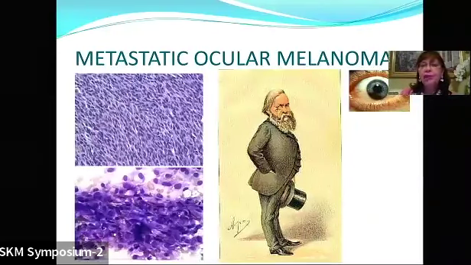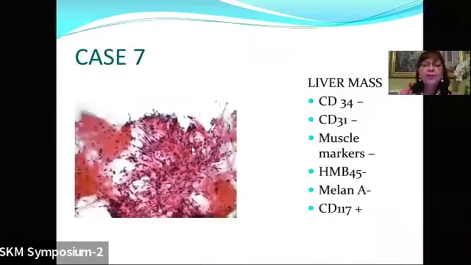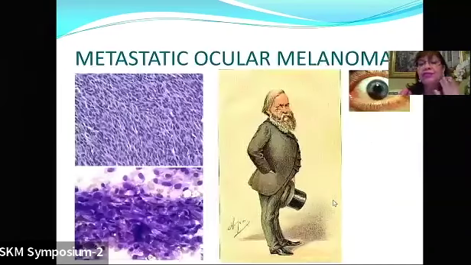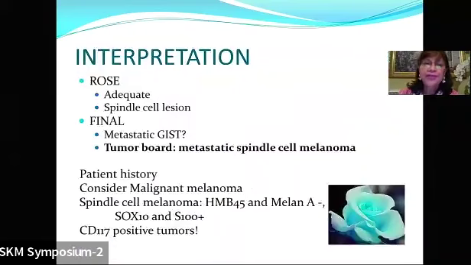So I said, okay. When you look at it, it's sort of spindle cell, but it was negative for HMB45 and Melan-A. But remember, spindle cell melanomas are negative for HMB45 and Melan-A. You need to do other markers. So SOX10 and S100 were performed, and those were positive.